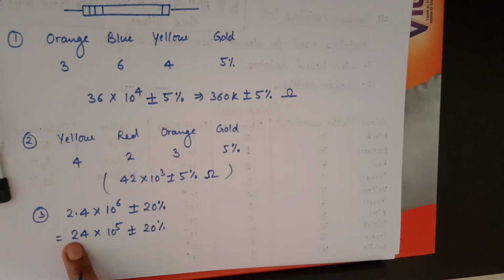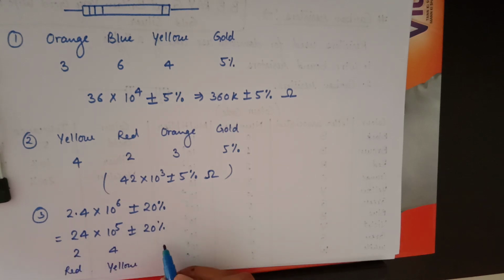So 2 is for red color, and then 4 is for yellow, then comes 5 for green color, and finally 20% means no line.